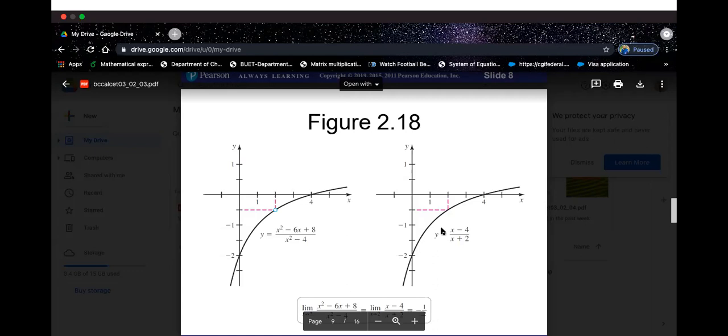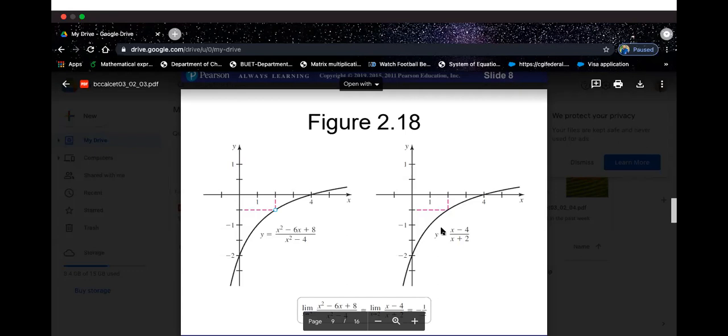Anyone? Is it because if you plug in 2 to that equation there, it doesn't work? You get a 0 over 0. Right, very good. So if you plug in 2, it gives me 0 in the denominator, which we don't really want.